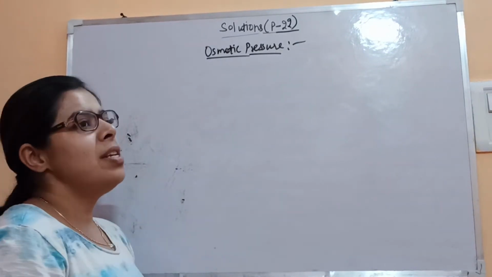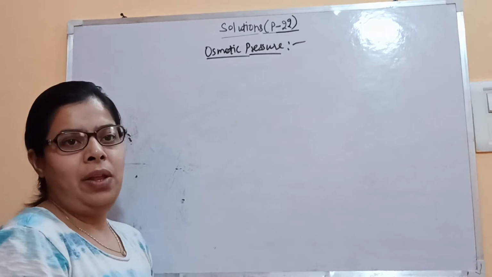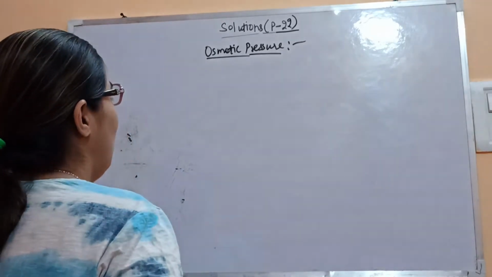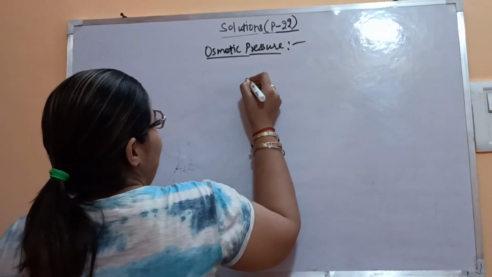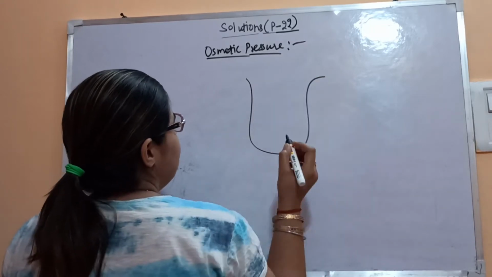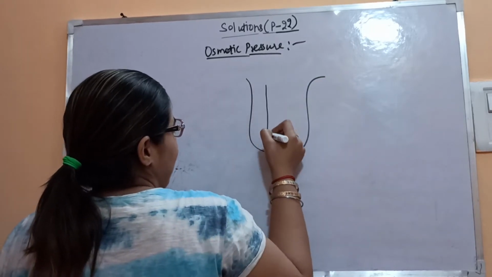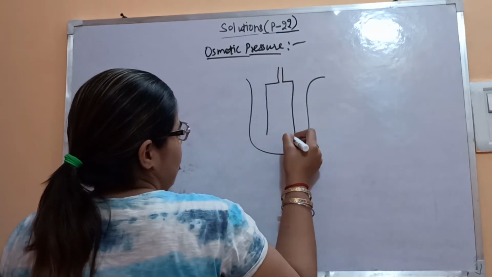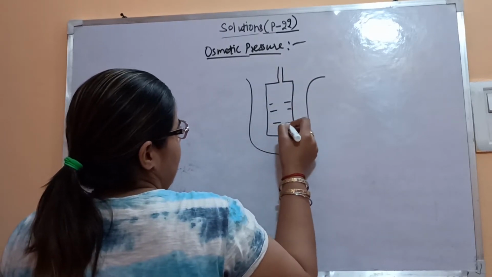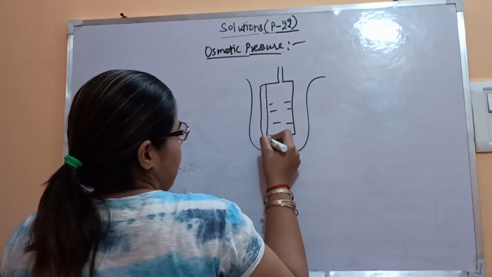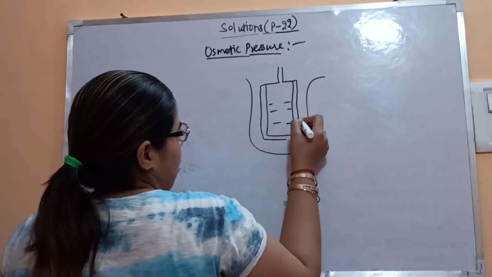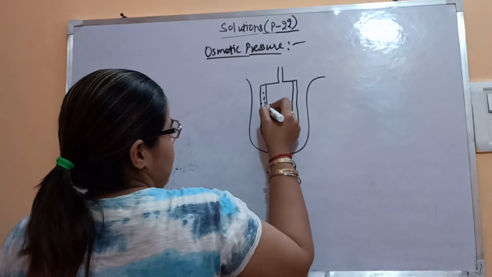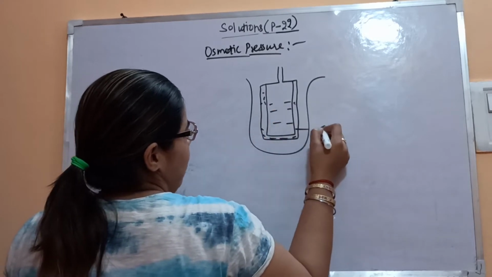Now, osmotic pressure is the result of osmosis only. So let's understand how. Let's consider a container in which we will take the porous pot, and this is enclosed by the SPM.